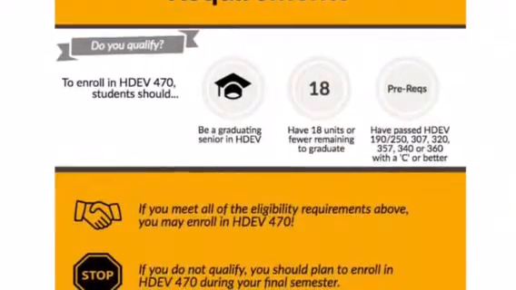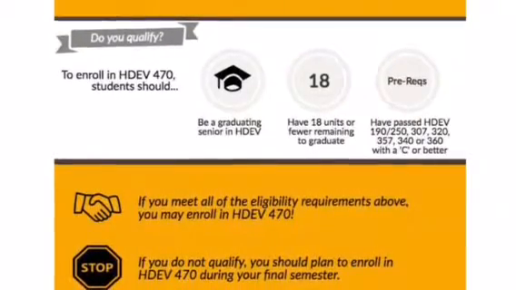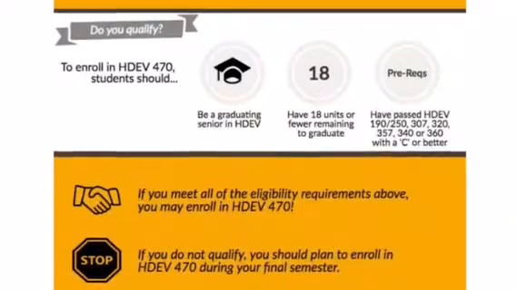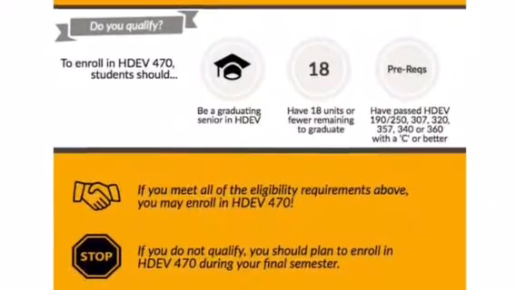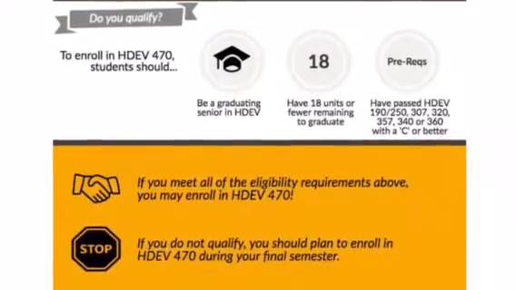If you meet all of the eligibility requirements above, you may enroll in HDEV 470. If you do not currently qualify, you should continue on your academic plan and plan to enroll in HDEV 470 during your final semester.